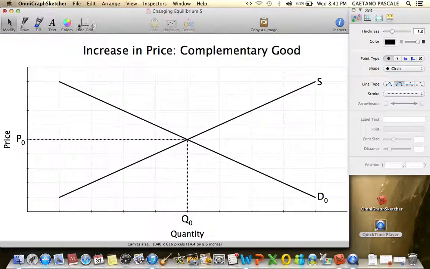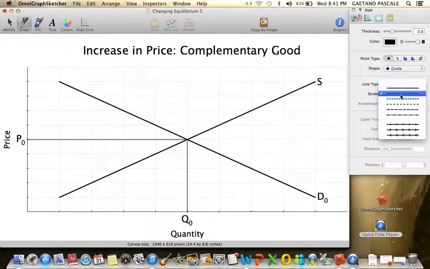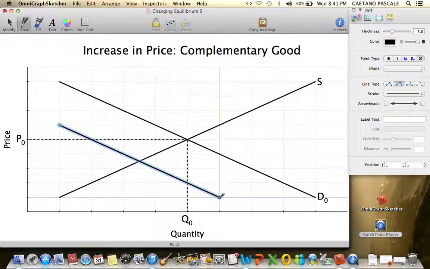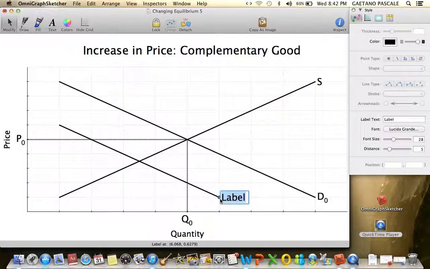So here's our original demand curve. If I draw in a new demand curve, the demand curve will shift inward. And this is our new demand. So that is D1.